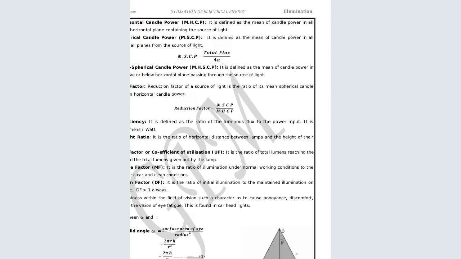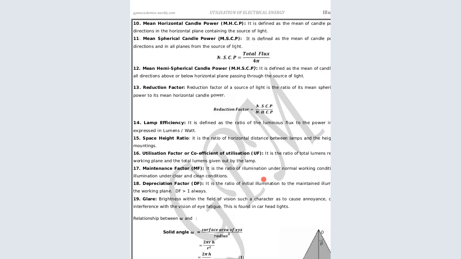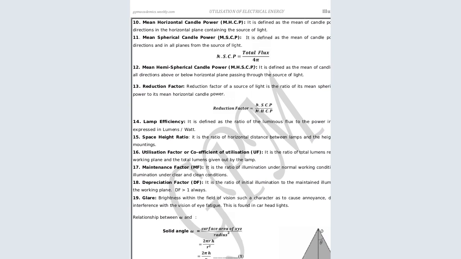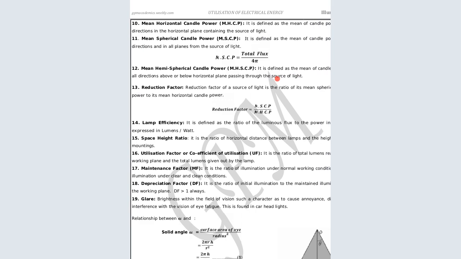So we are still on the definitions. The mean horizontal candela power is defined as the mean of the candela power in all the directions in the horizontal plane containing the source of light. The mean spherical candela power is defined as the mean of the candela power in all the directions and in all planes from the source of light.